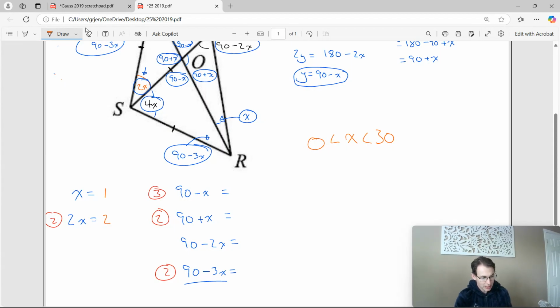90 minus x is 89, but we have 3 of them. 90 plus x is 91. That's not prime, people. Okay? 91 is 7 times 13. Okay, not prime. But 89 is. Okay, 90 minus 2x is, of course, 88. That's not prime. And 90 minus 3x is 87.